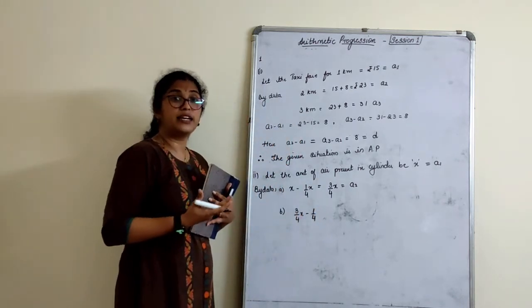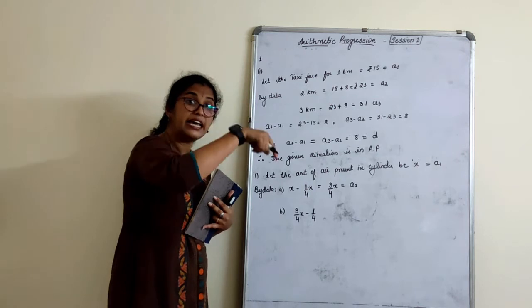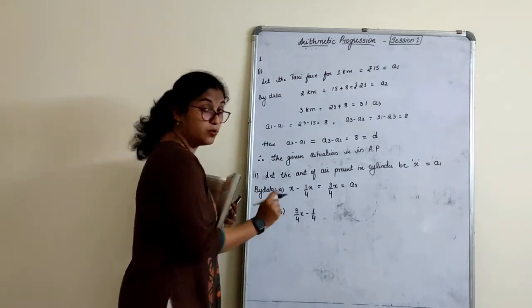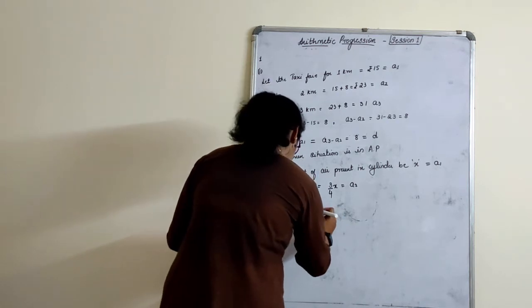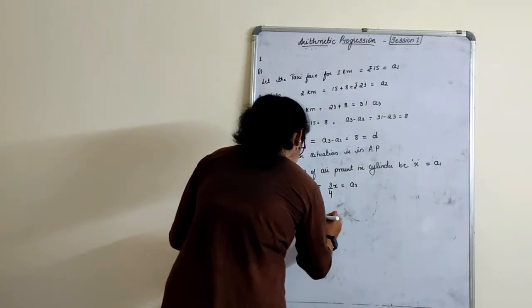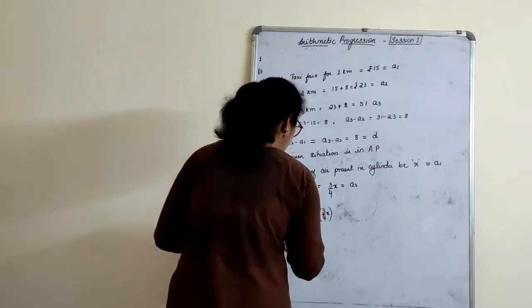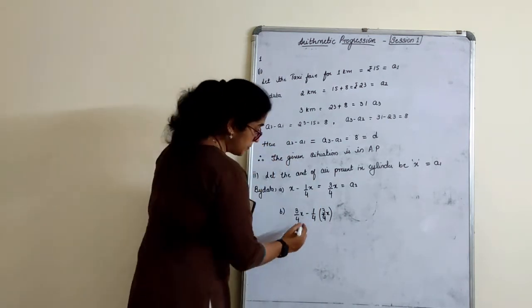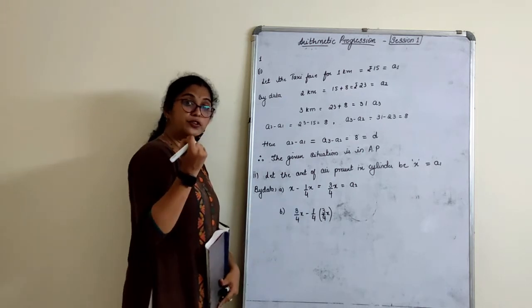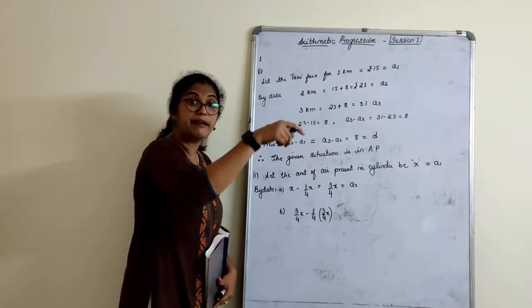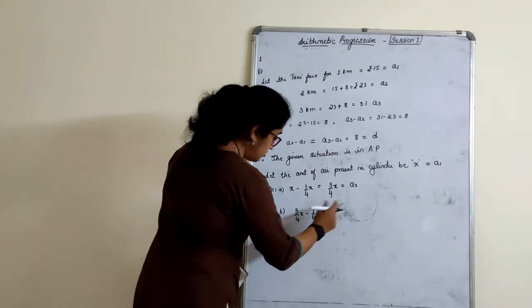1/4 of what should I remove? 1/4 of the air remaining in the cylinder. What is the air remaining in the cylinder? Again, you have to write that. That is 3/4 x. Quite complicated, but this is how the sum goes. Understood this part now? From this, I have to remove 1/4 of air. 1/4 of what? Remaining air in the cylinder. So solve this now.